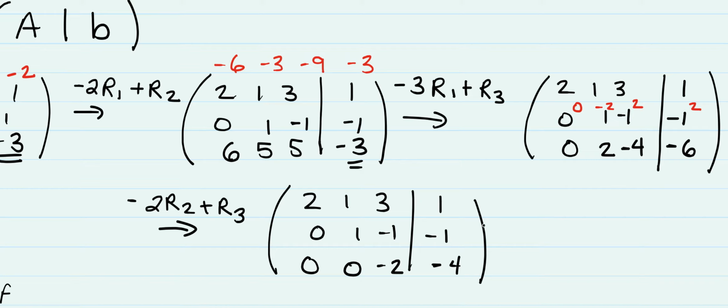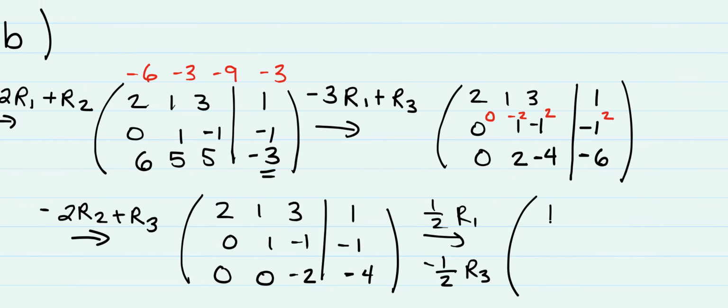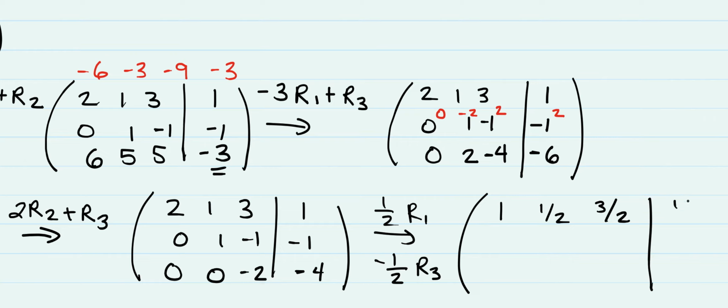And then my last step is I'm going to make this coefficient a 1. So I'm going to divide everything by 2 in the first row. So I'm going to take 1/2 row 1. And I'm also going to divide everything in the last row by a -1/2, just so I can make that a coefficient of 1. So if I do that, I get 1, 1/2, 3/2, 1/2, 0, 1, -1, -1, and 0, 0, 1, 2.